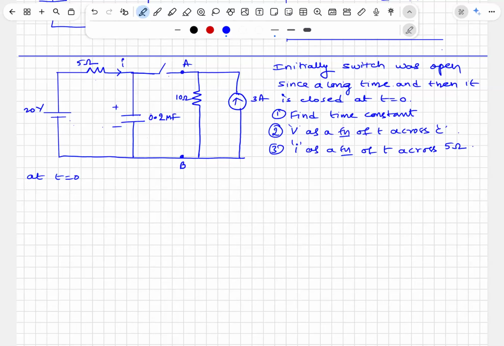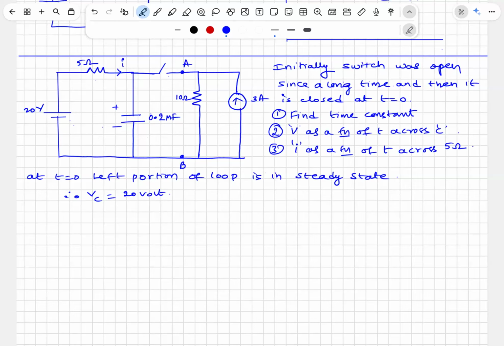So therefore at t is equal to 0, the left portion of the loop is in steady state. So the drop across the capacitor is 20, just before closing the key.